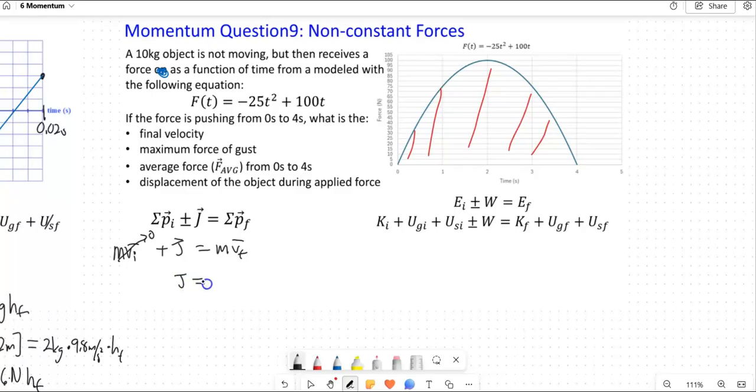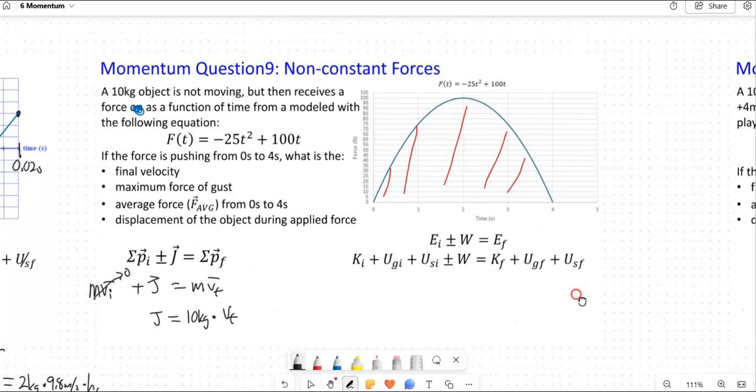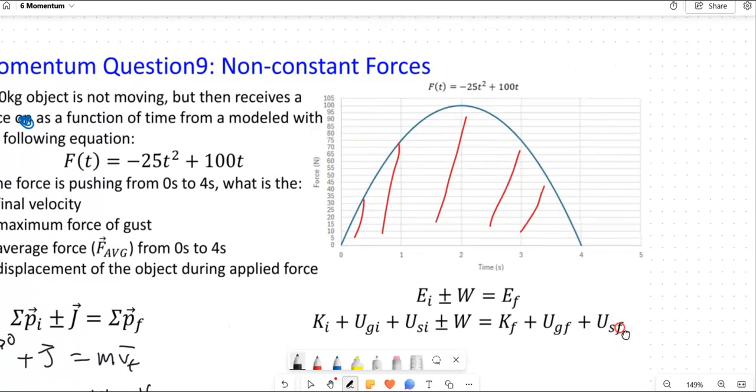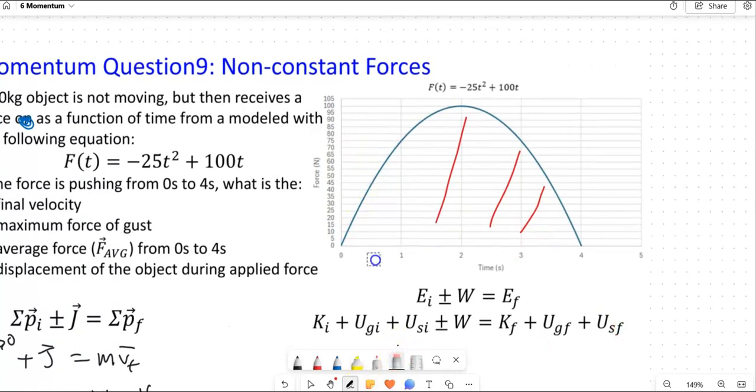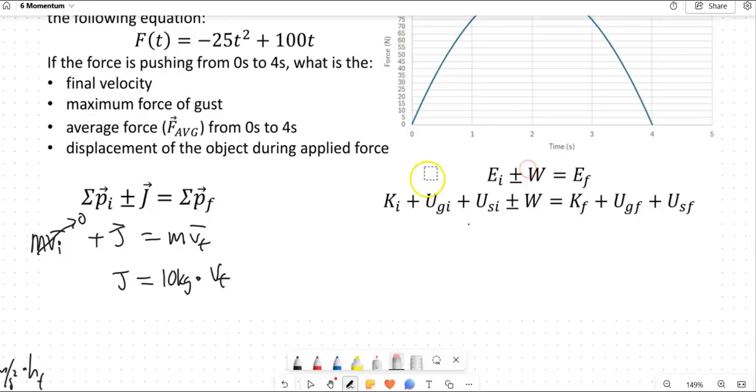So impulse is going to be equal to our 10 kilograms times the final velocity, right? So in order to find the final velocity, we need to figure out impulse. Well, given a graph of force versus time, how do you find impulse? Well, that's the area underneath this line. So let's figure that out.